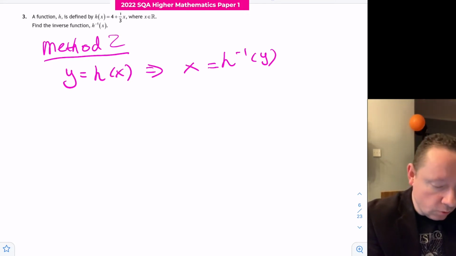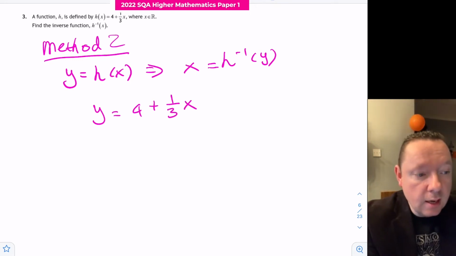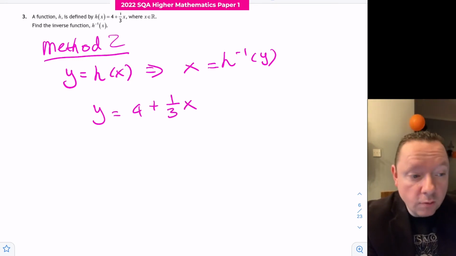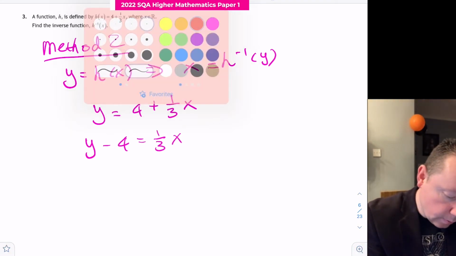So we have y equals 4 plus a third x in this case, and then we would get a mark for starting to rearrange this. So you could get a mark for doing y minus 4 equals a third x. That's a mark there.